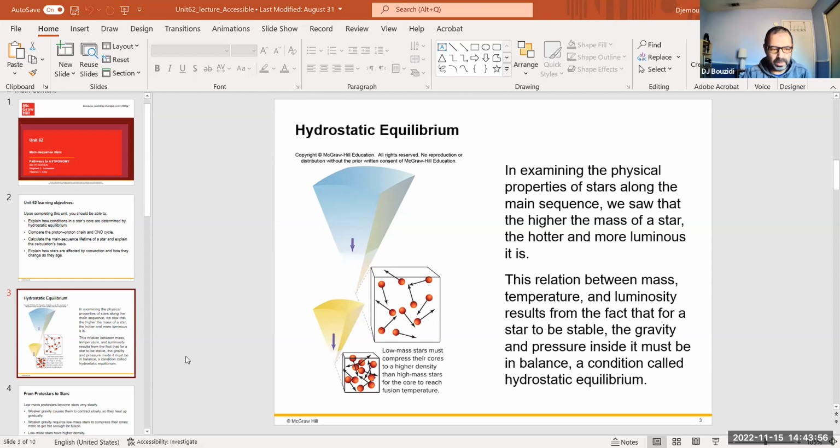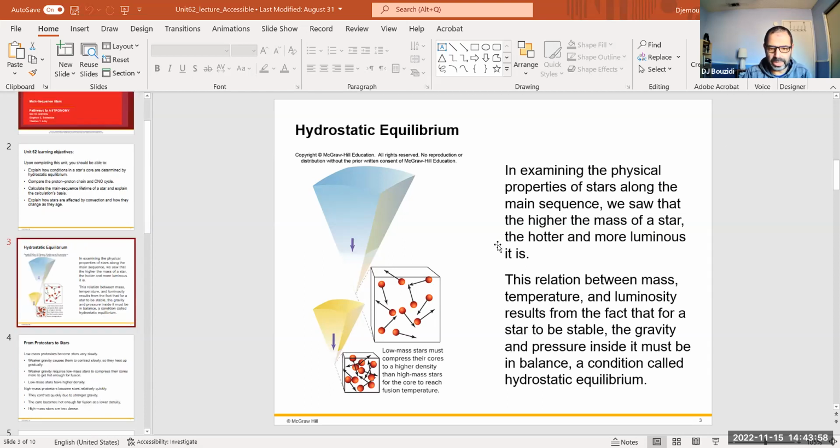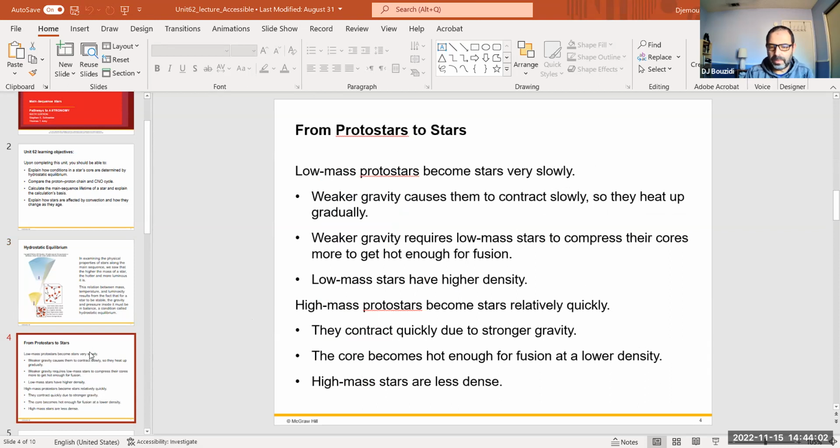So when the star is forming, this is again another reminder of what we're talking about. When you have less mass coming together to form a low mass star, you have a weaker force of gravity because you have less material to begin with. Okay, so it's going to take more time, and as it does, it's going to compress the star further.